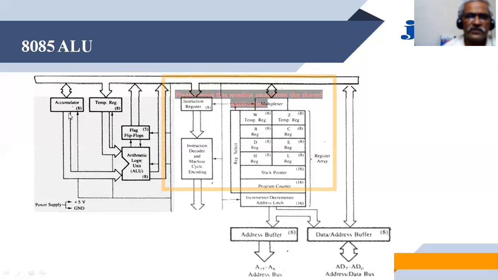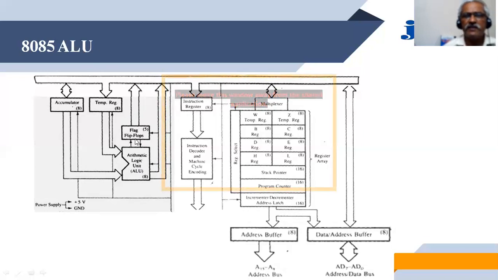Supposing the ALU was performing an addition operation, and let's assume the numbers were such that there was +5 in the accumulator and -5 in the temporary register. When you add these two numbers, the accumulator will produce a result which is 0. So this status, that the result has gone 0, will be stored into the flags.